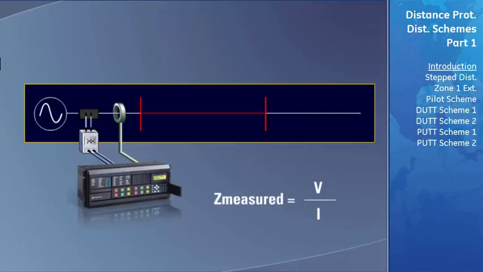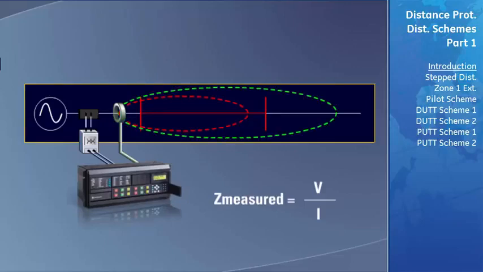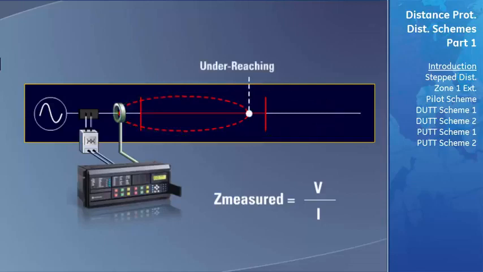Because of these inaccuracies, distance zones of protection are not set to stop right at the boundaries of the transmission line. Distance relays use multiple zones of protection, with some of them set shorter to only protect part of a transmission line, and others set longer to protect the entire length of a transmission line plus some of the next adjacent line. The zones of protection that are set to cover only part of a transmission line are said to be underreaching.